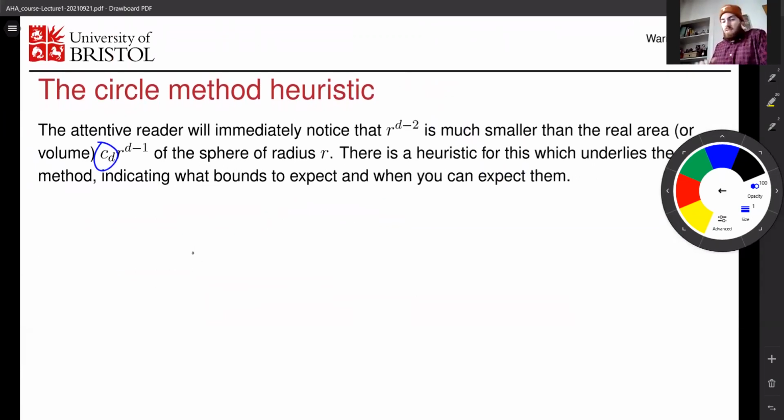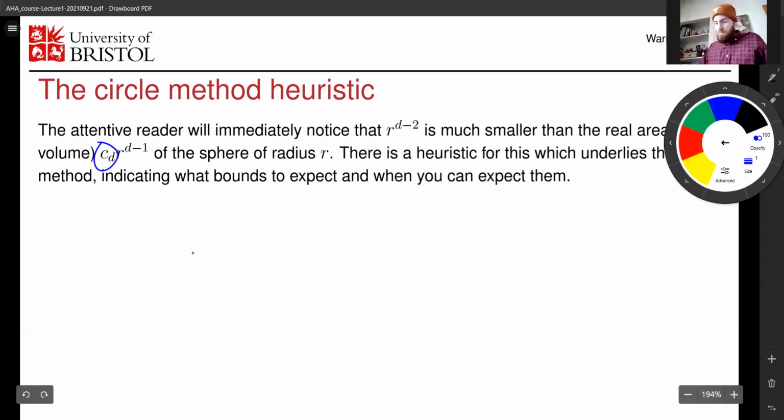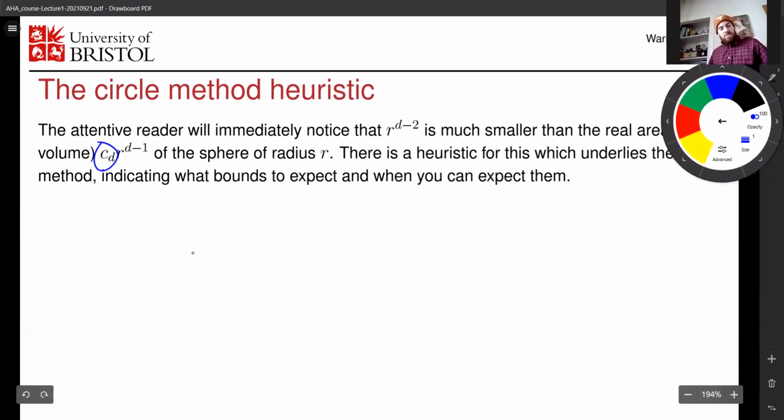Okay, so let's go over the circle method heuristic, which is very important. I'm looking at the number of integer points x such that the norm of x squared equals n.